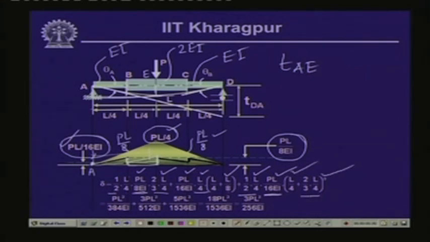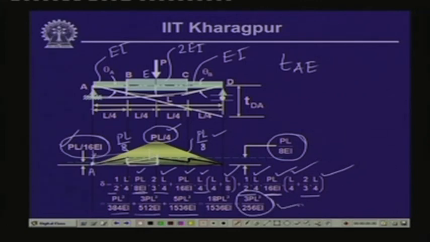Now, if we evaluate these individual moments of individual areas, we get PL cube by 384 EI, 3 PL cube by 512 EI, 5 PL cube by 1536 EI, and if you combine them it comes as 3 PL cube by 256 EI.